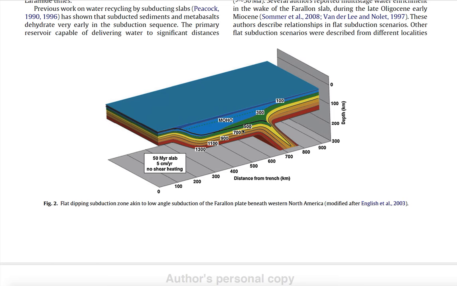If this mantle wedge is missing, then the slab is not heated up from the upper part, only from below. And therefore, when the temperature is low enough, you will not form melt. Then your hydration will take place.